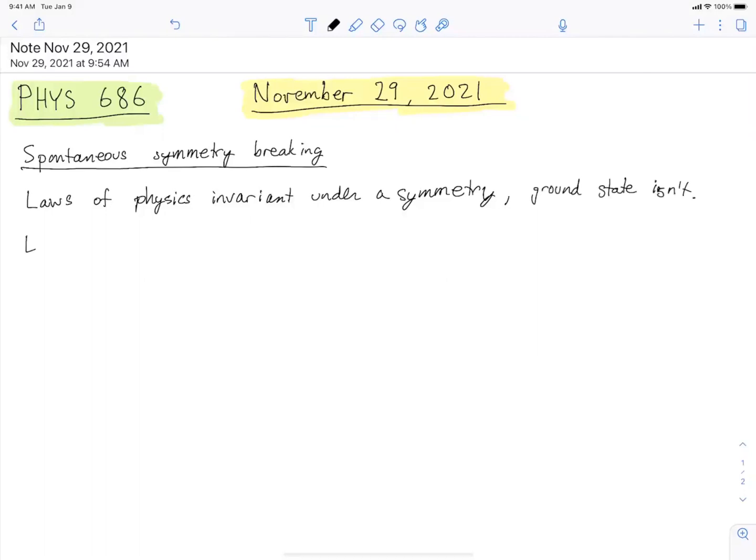So just as an example, Maxwell's equations that describe electromagnetism are invariant under Lorentz transformations, unknown to Maxwell, but it's true anyway.